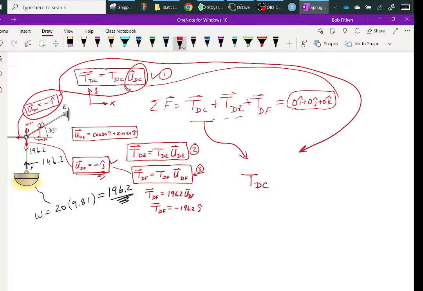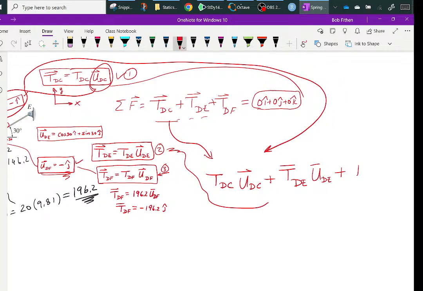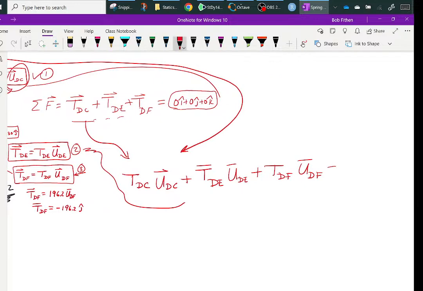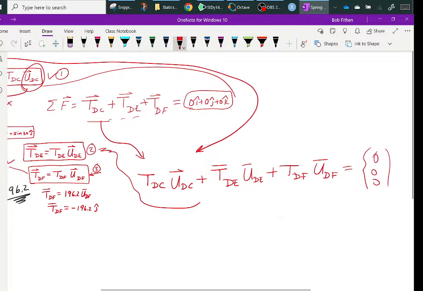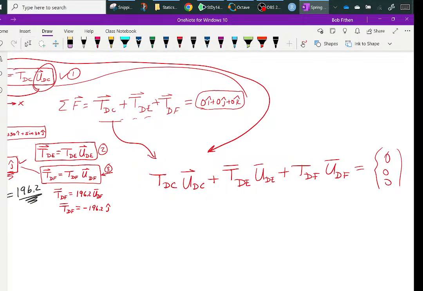In other words, I'll write what is in the boxes first. TDC times UDC plus the value of DE times UDE. And then I'm writing the last one, TDF times UDF. I'll go ahead and write these three terms, and I'll do that for a reason in a second.